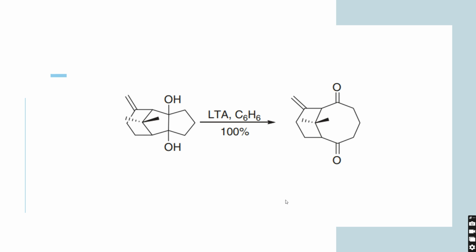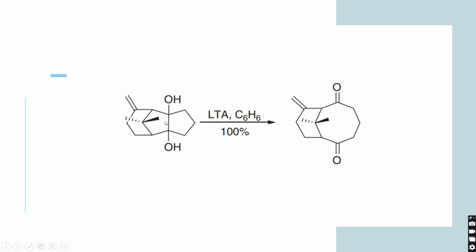Now moving to the next topic, where we are going to see carbon-carbon bond cleavage using lead tetraacetate. You can see the net result of this reaction is that this fused 5-membered ring is broken into a larger ring.